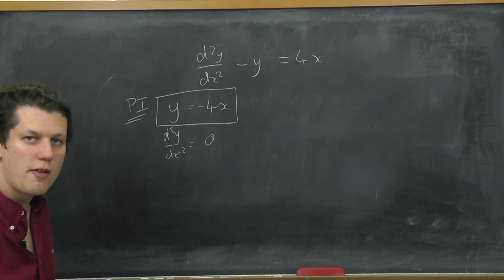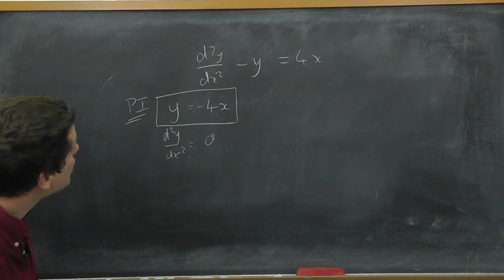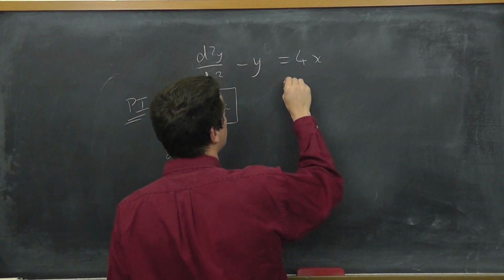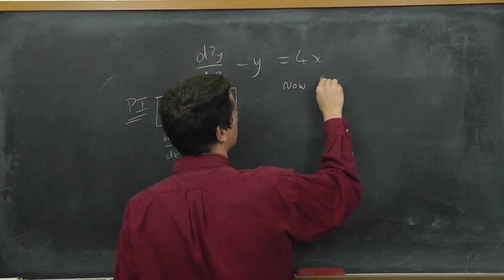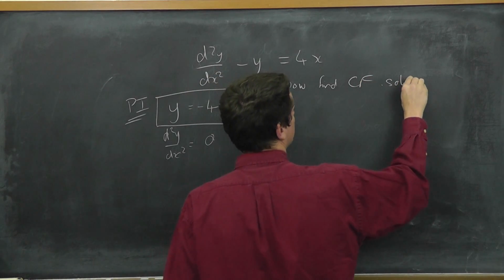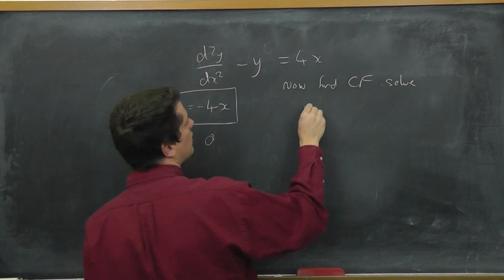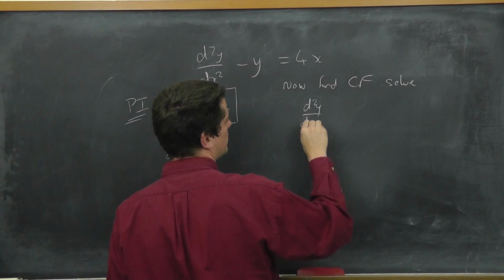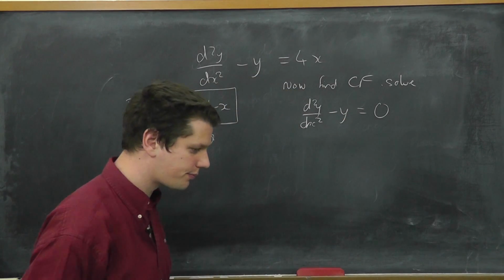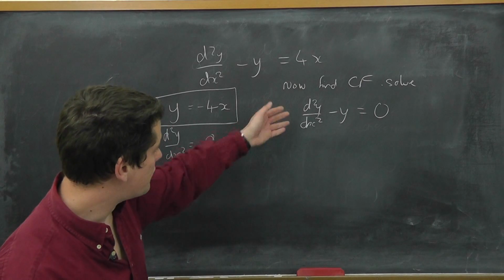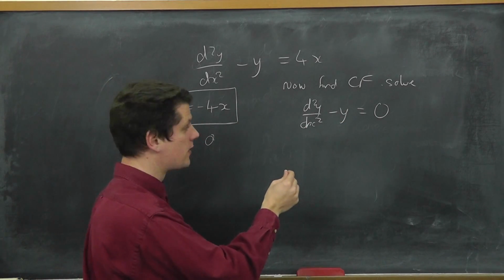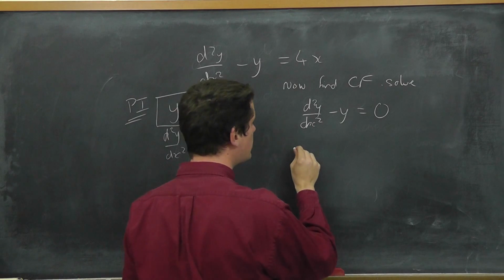In order to find a general solution, we've got to work out the complementary function so that we can add it on. So to find the complementary function, we solve d2y by dx squared minus y equals 0. Of course, we've done that one before when we form the quadratic equation that tells us what exponential we should guess.